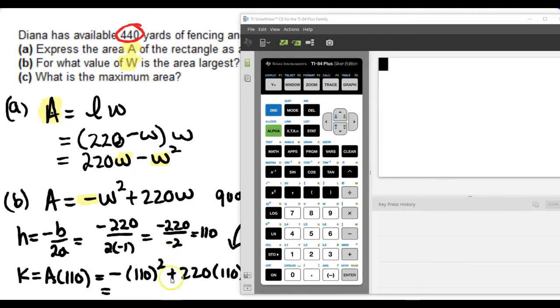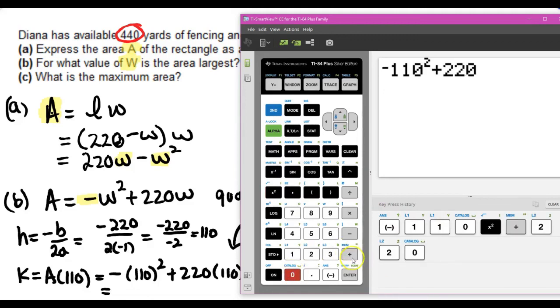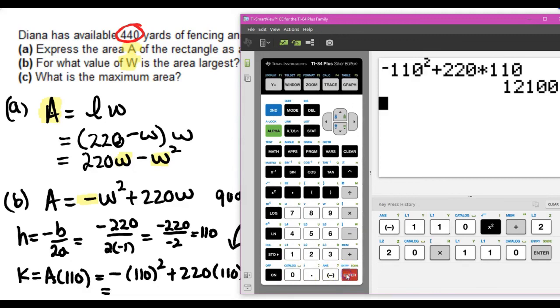Okay, so we're going to type that in our calculator. Negative 110 squared plus 220 times 110. I get 12,100.